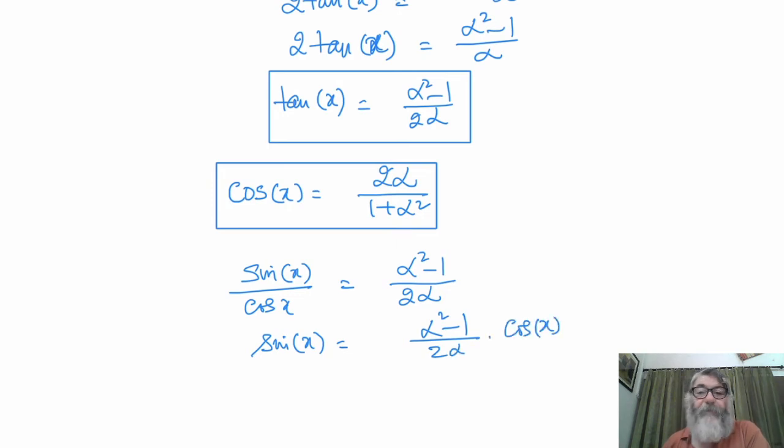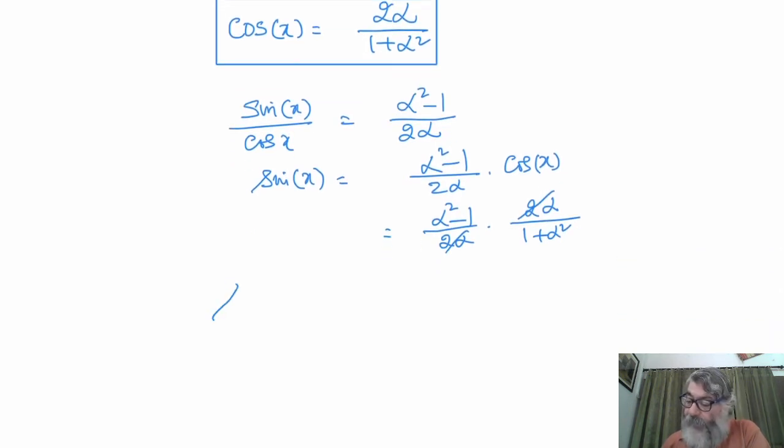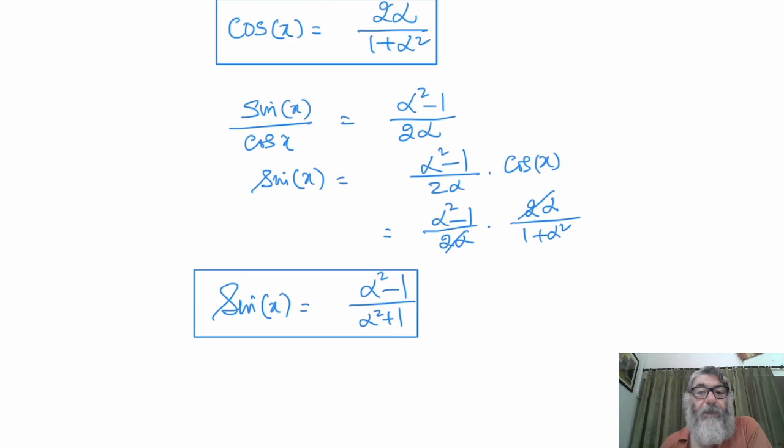We have already calculated the value of cos x. Cos x is 2 alpha upon 1 plus alpha square. So this will cancel. And what will you get? You will get sin x as alpha square minus 1 upon alpha square plus 1. Is that clear? We got the value of sin x.